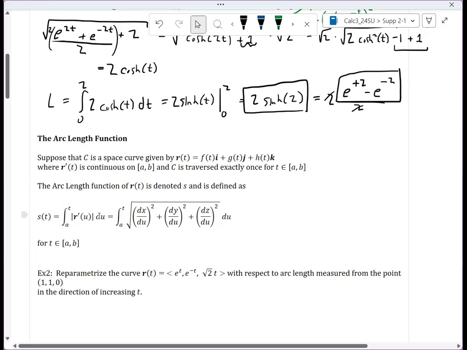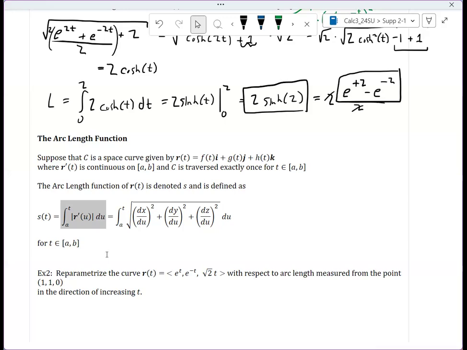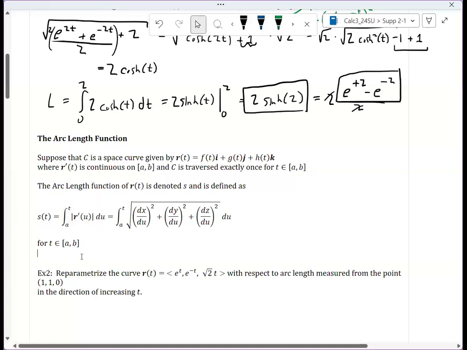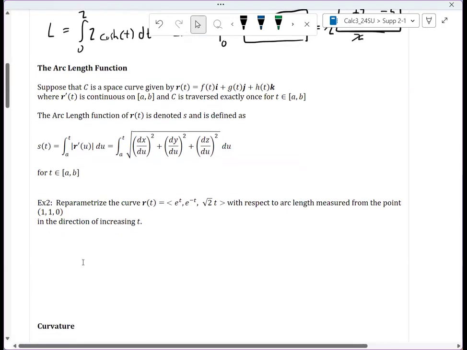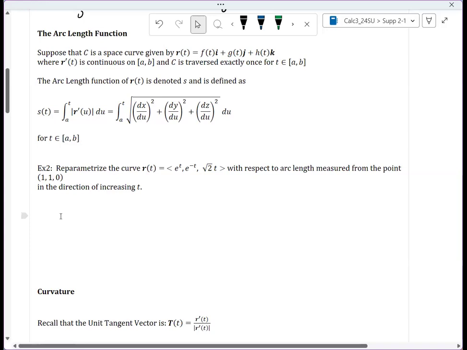This is saying we're constructing a function that measures the length of the curve along the curve in 3 dimensions, starting at the point on the curve where t equals a and progressing to some point t. So we're measuring the length of the curve along the curve. This can be a very nice thing to do in certain situations, which we will see coming up here in a few minutes.